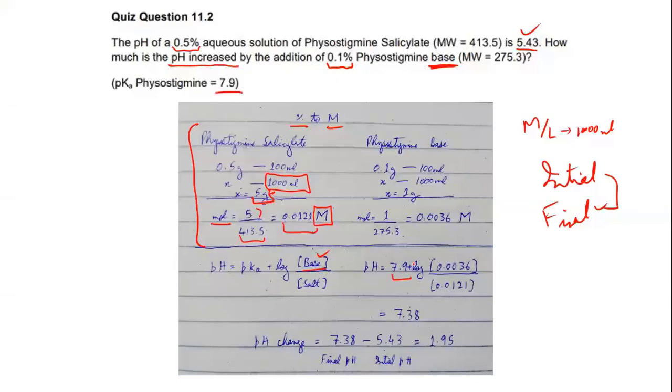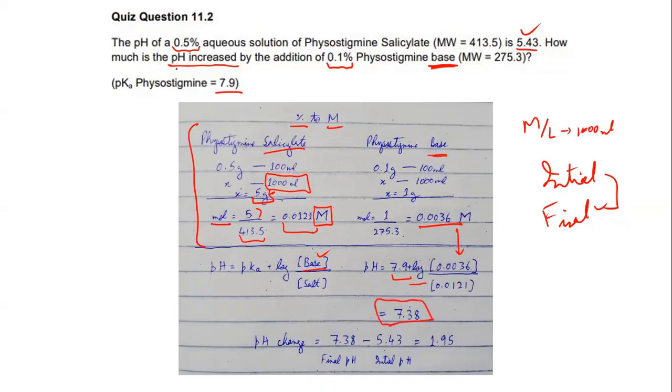Apply the values here, 7.9 from pKa, and then the value of base. What is the base? This is base. So apply the value above here, and down the value of salt. This is salt, and this is base. Then simply this is a log type calculation, and you will get the answer.